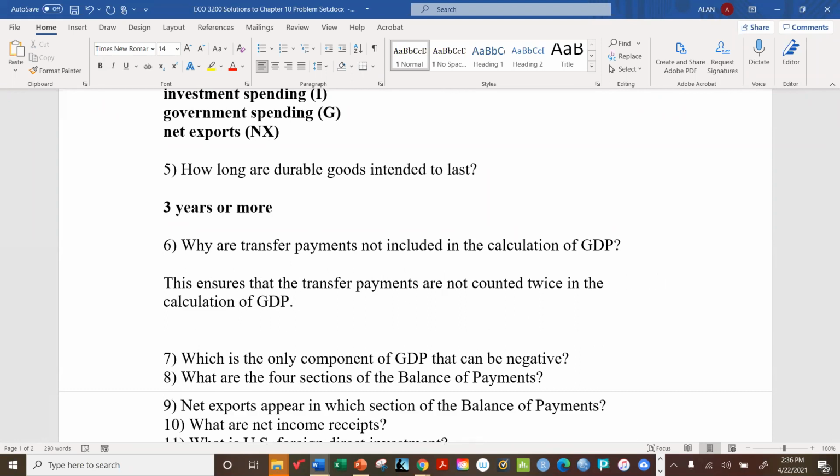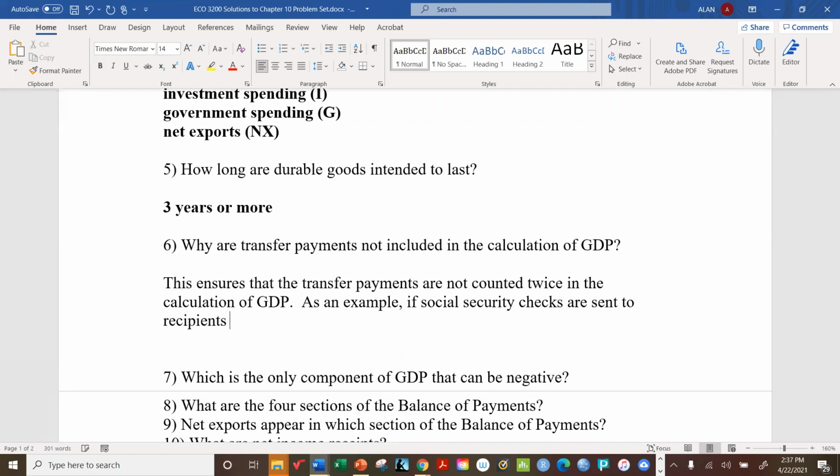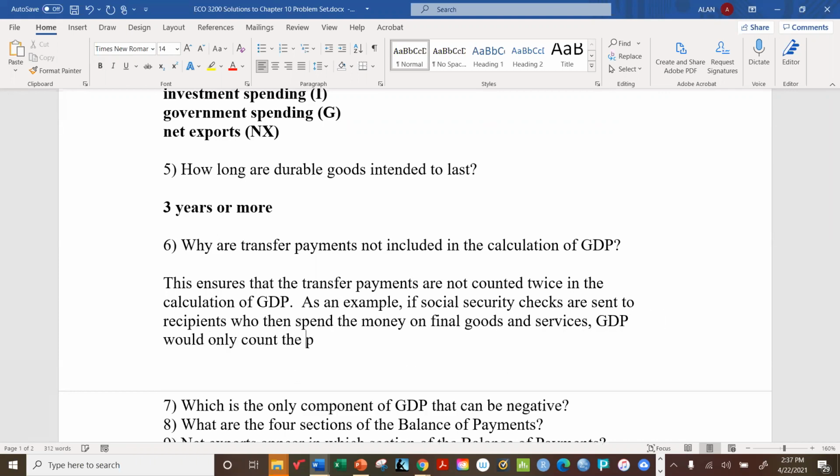In other words, as an example, and this is not necessary for you, but as an example, if Social Security checks are sent to recipients who then spend the money on final goods and services, GDP would only count the purchase of the final goods and services, not the transfer payments.